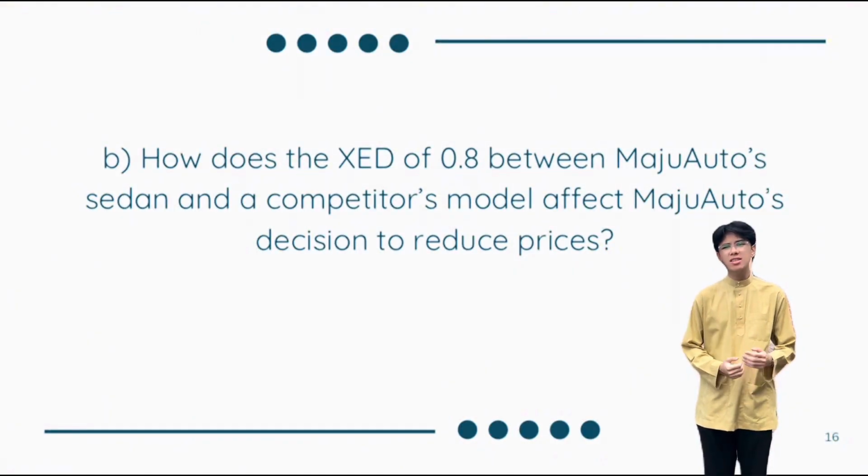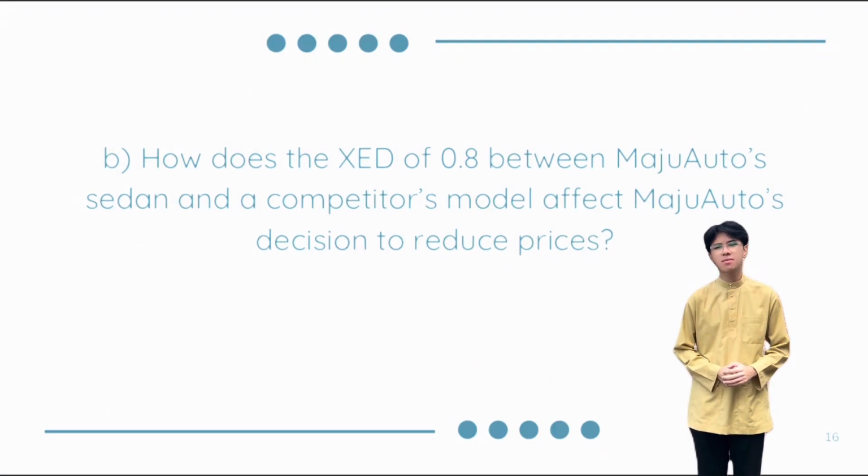Next question. How does the XED of 0.8 between Maju Auto sedan and a competitor's model affect Maju Auto's decision to reduce prices?